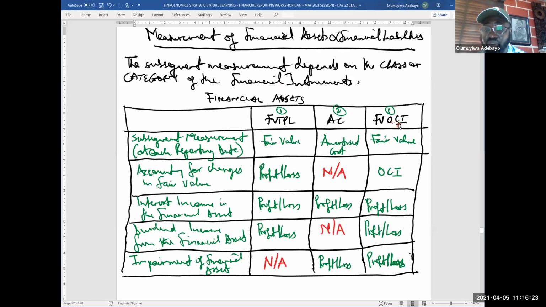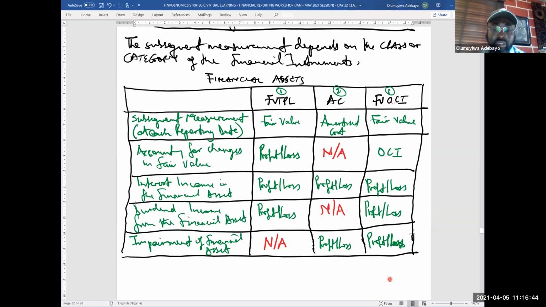Unlike the fair value to other comprehensive income, where the fair value loss or gain will have gone to OCI. An impairment is more or less a loss that is deemed to be of a permanent nature. And in that situation, it should go to profit or loss.